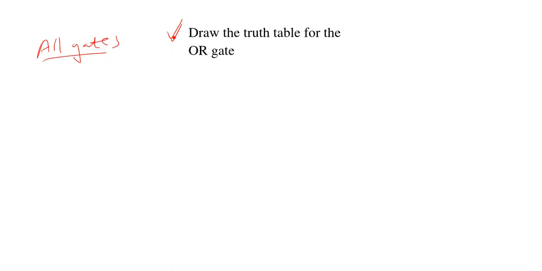You look at all gates, you look at their symbols, because this is what you are supposed to cover in this session. You look at their symbols, their truth tables, and also their logical operation.